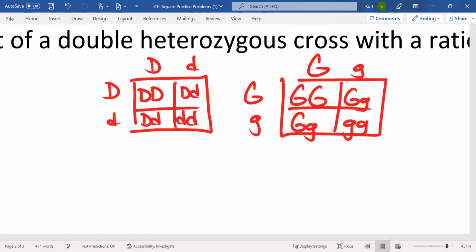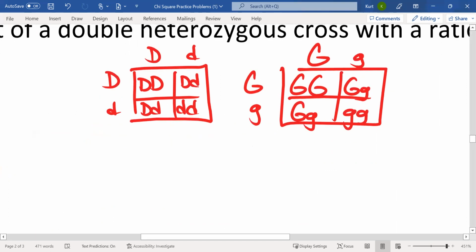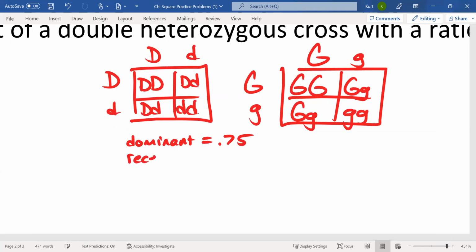All right. Both of these had the same outcome, guys. What's the frequency of getting a dominant trait? 0.75. What is the frequency of getting a recessive trait? 0.25. So the 9 to 3 to 3 to 1 ratio, the 9 represents a dominant trait with another dominant trait. So you would do 0.75 times 0.75.